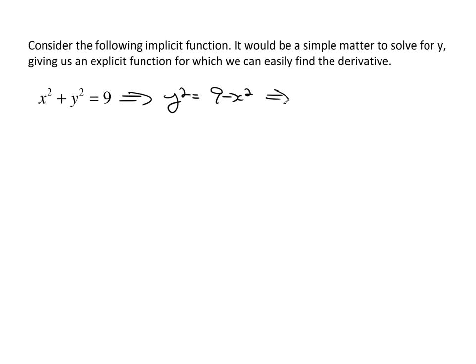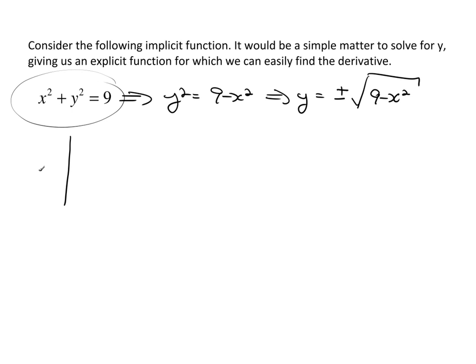So that means that y equals plus and minus the square root of 9 minus x squared. So what I end up with in this particular case is actually two different functions. The reason being that this is actually not a function to begin with. If you recall, this is a circle, and this is the radius squared, so the radius is actually equal to 3.